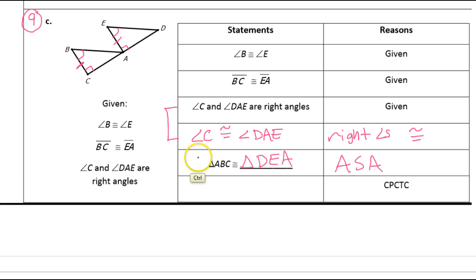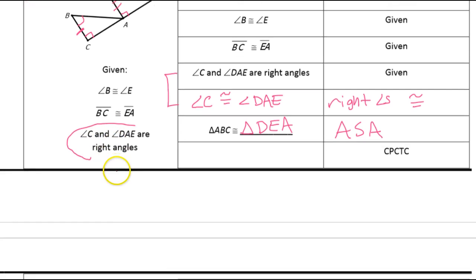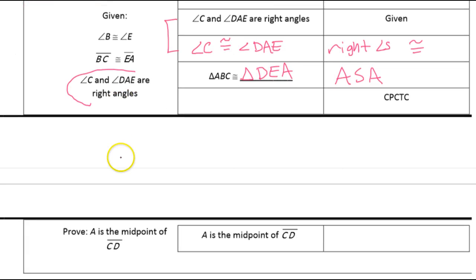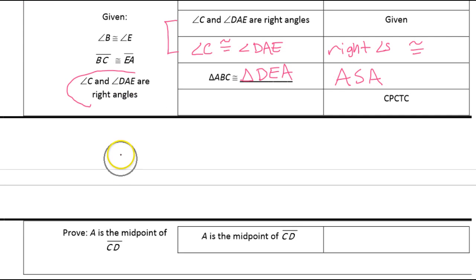Normally we'd be done right now because we've already proven the triangles are congruent. But oh no! I realize that they didn't tell us what we were supposed to prove.